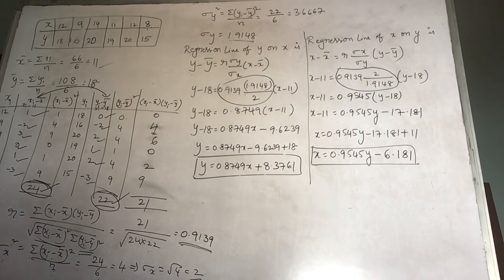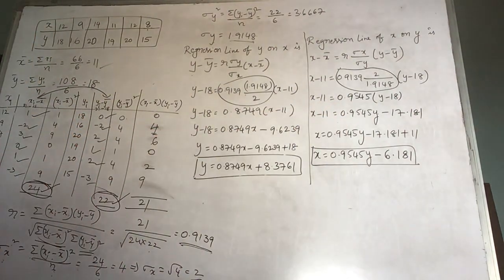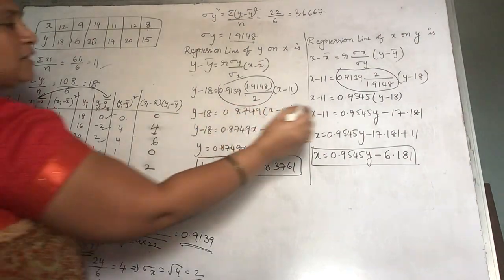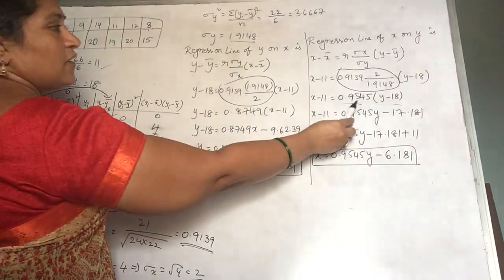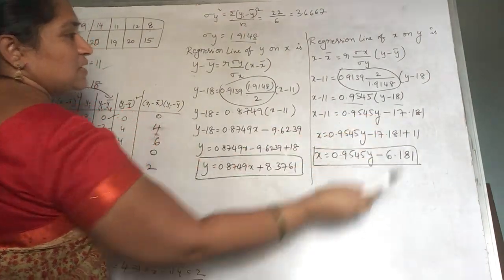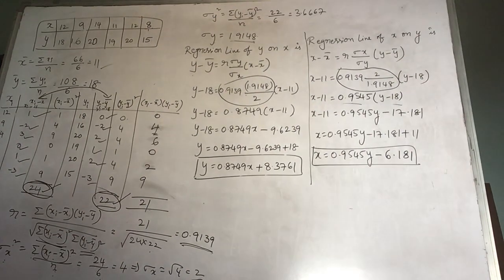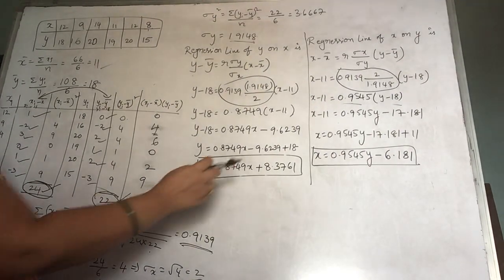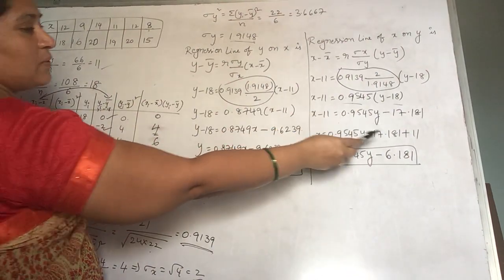We simplify this term and get 0.9545 into (y minus 18). After that we multiply y minus 18 with 0.9545: 0.9545 into y minus 0.9545 into 18, which is minus 17.1810. So from this we have to calculate x. That means we convert minus 11 to the right side, we get plus 11.